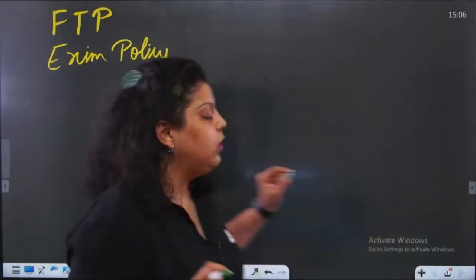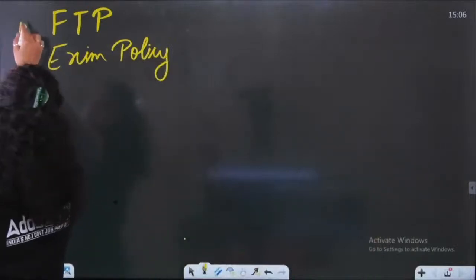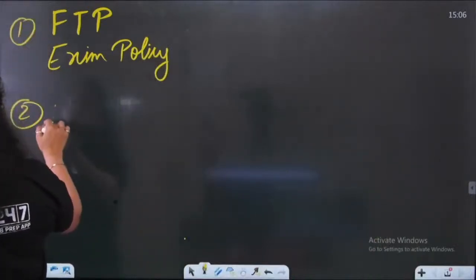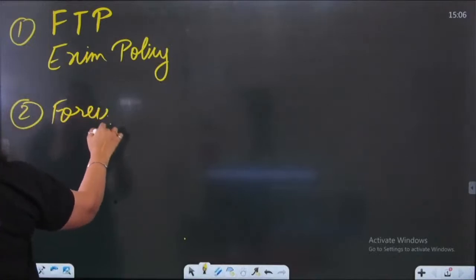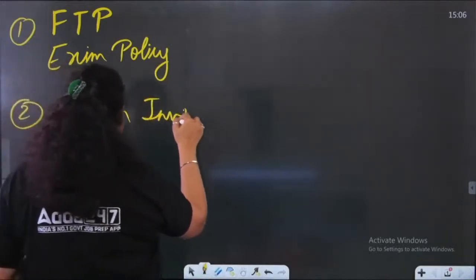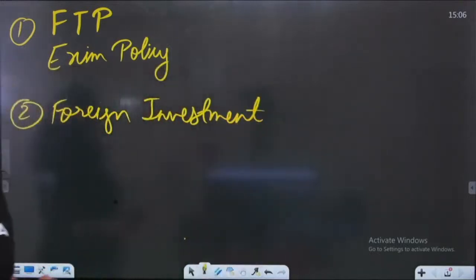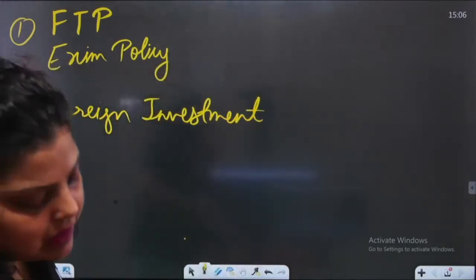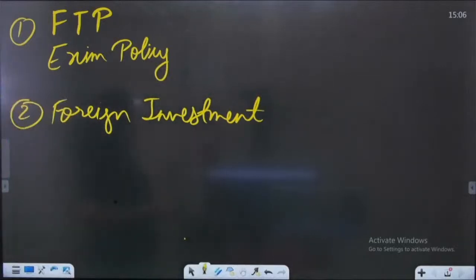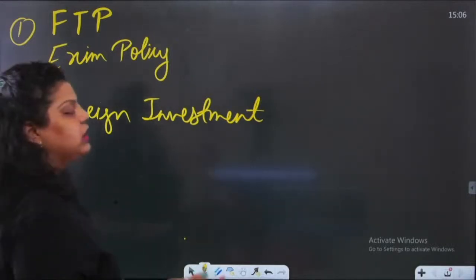Okay, now the first term was foreign trade policy. The second term in this chapter is foreign investment. What actually is foreign investment? Foreign investment is simply when a particular company or a particular person invests their money from one country into another. Clear? So foreign investment means when you invest from outside your country.